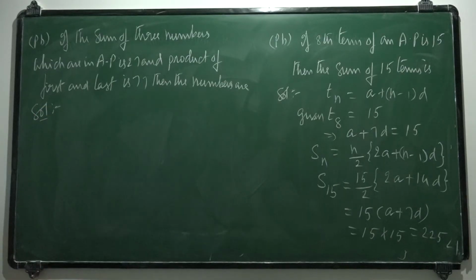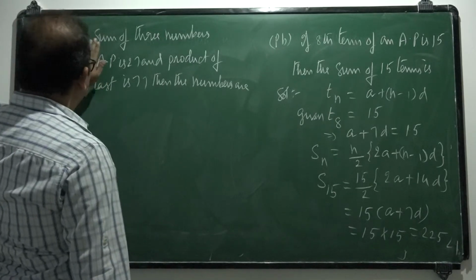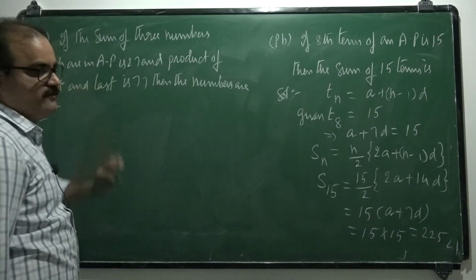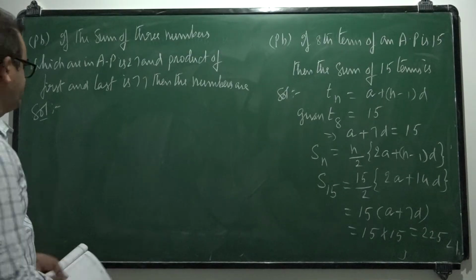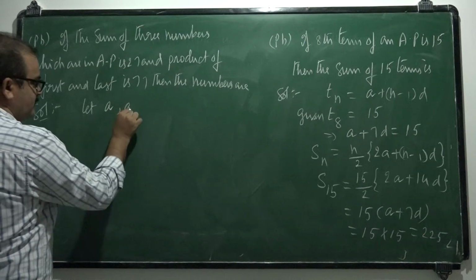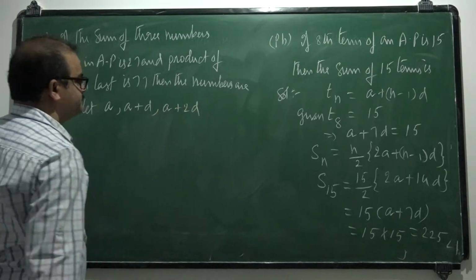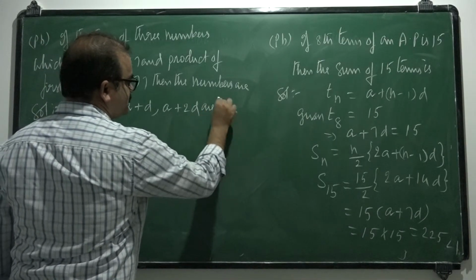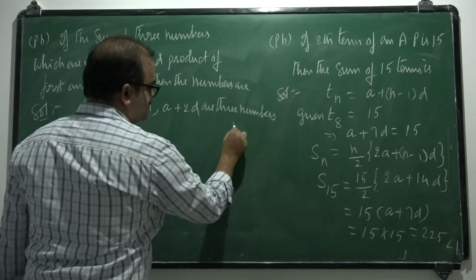Here numbers are not given, but what is given: the sum of 3 numbers which are in AP is 27. Okay, we take 3 numbers in AP. Let the numbers be a, a plus d and a plus 2d, for 3 numbers in AP.